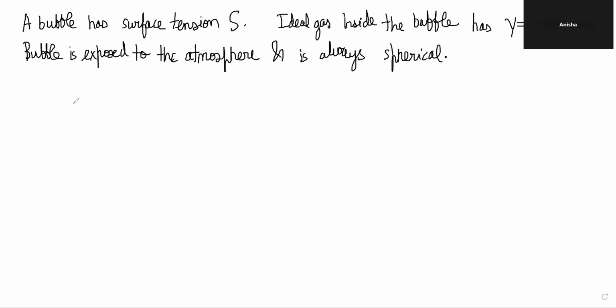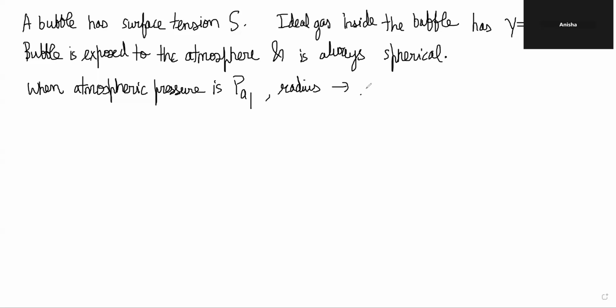Okay. When atmospheric pressure is PA1, the radius of the bubble is R1, and the temperature of the gas enclosed is T1.